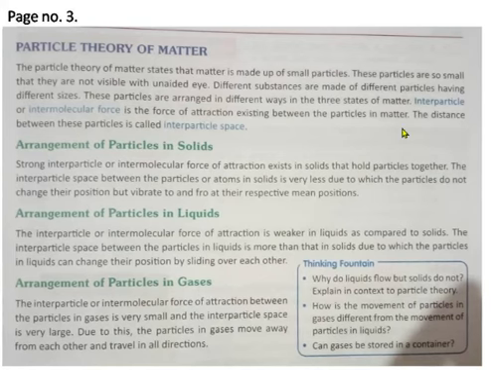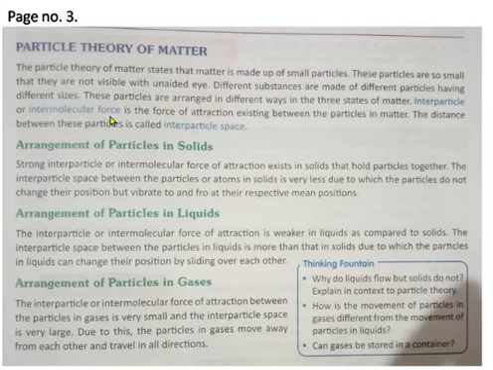One more thing I want to discuss, you have to focus on this also. Page number 3, particle theory of matter. Two terms are very important: interparticle force or intermolecular force, both are the same thing, and interparticle space.